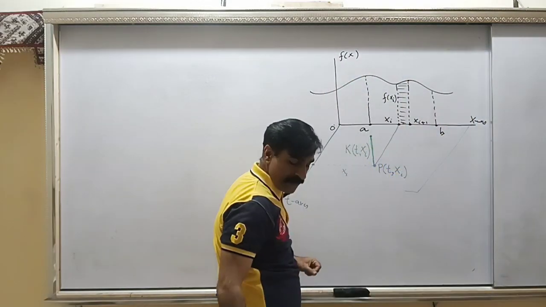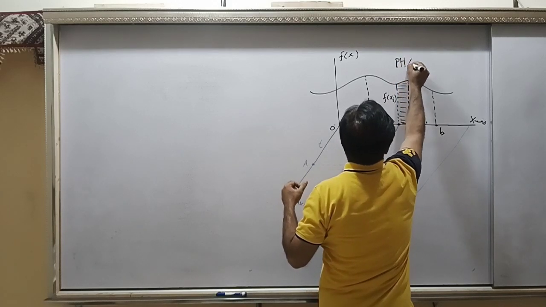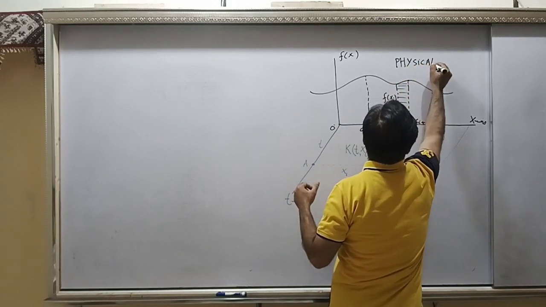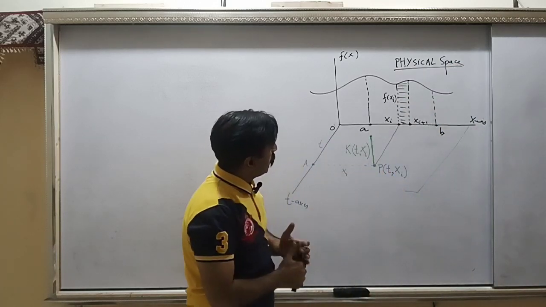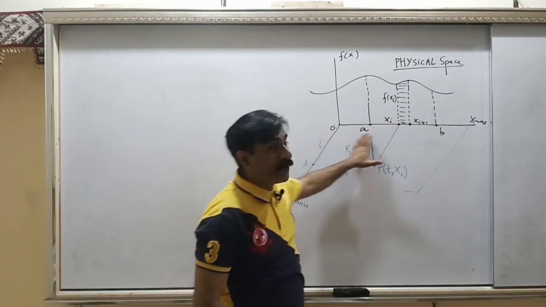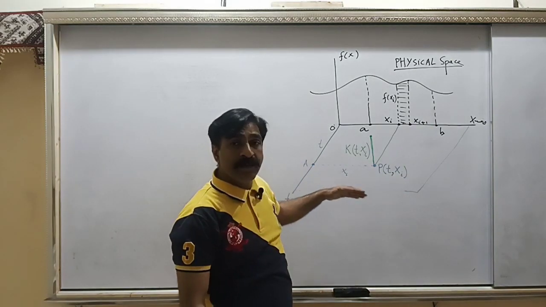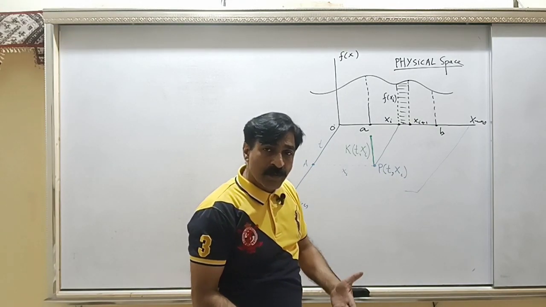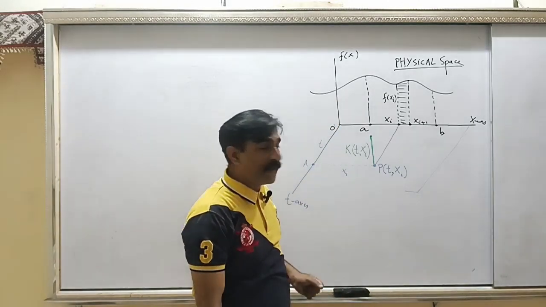This is known as physical space or Cartesian space. You may write here physical space, but this blue space is your transformed space, because you have discovered or invented a new axis in some way.